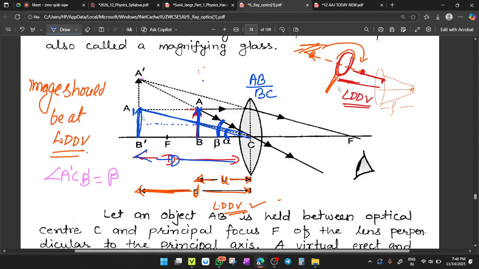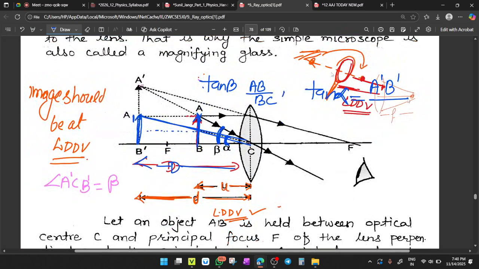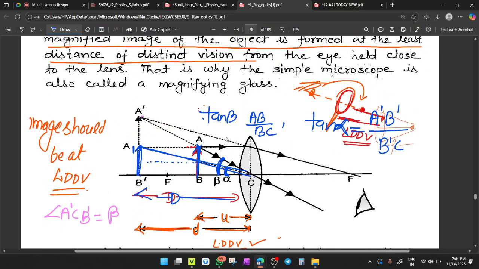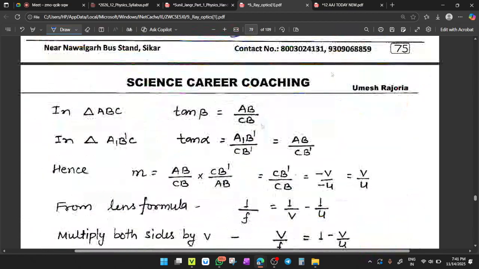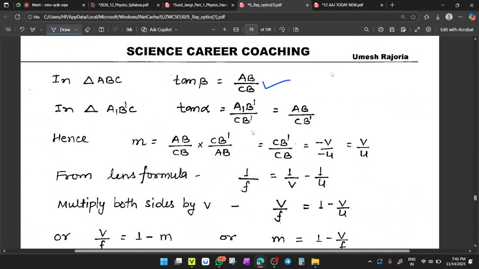Tan alpha equals perpendicular A'B' upon base B'C. Clear or not clear? So tan beta equals AB upon CB, and tan alpha equals A'B' upon CB'.